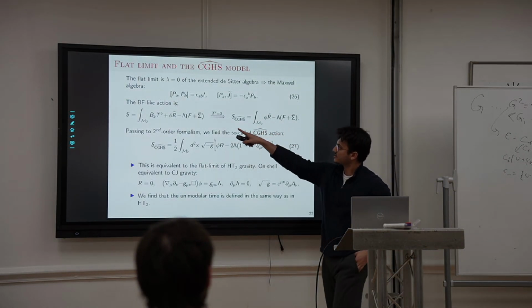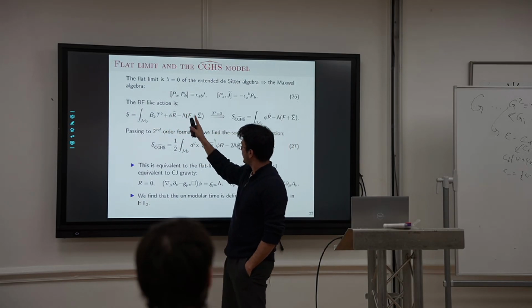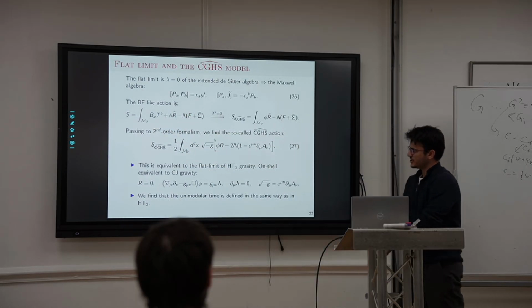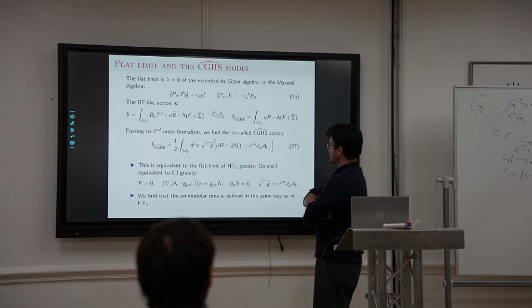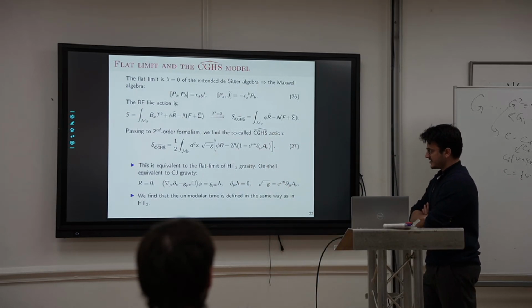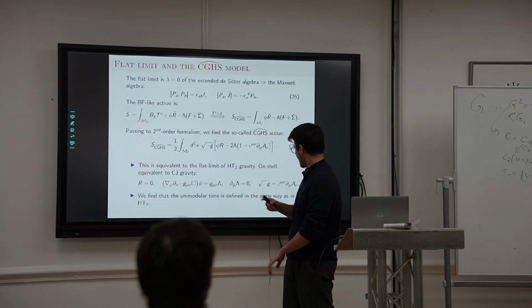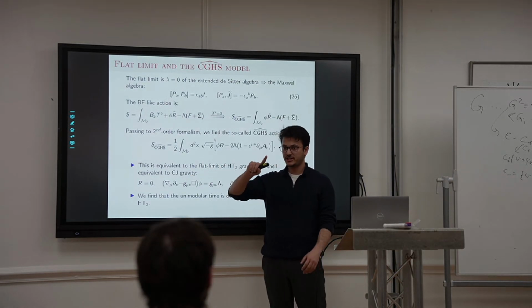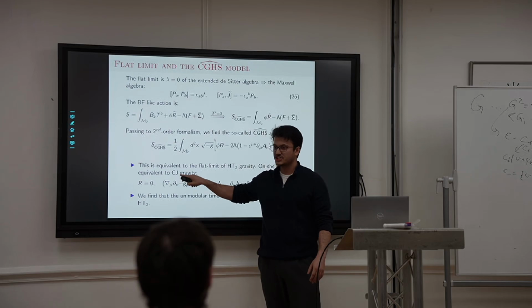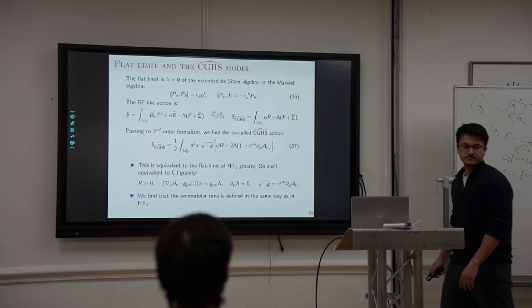You can just find the A's and the associated curvatures, and then the BF theory is going to be your CGHS model. And the equations are identical once more, not to JT, but to the Jackiw gravity model.